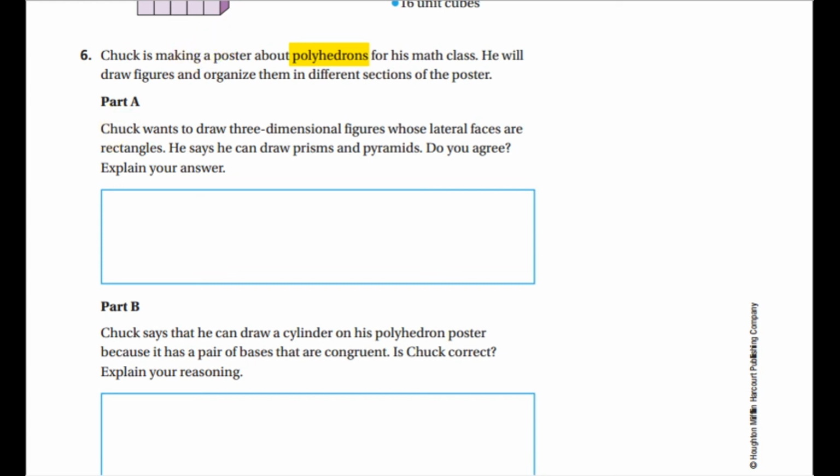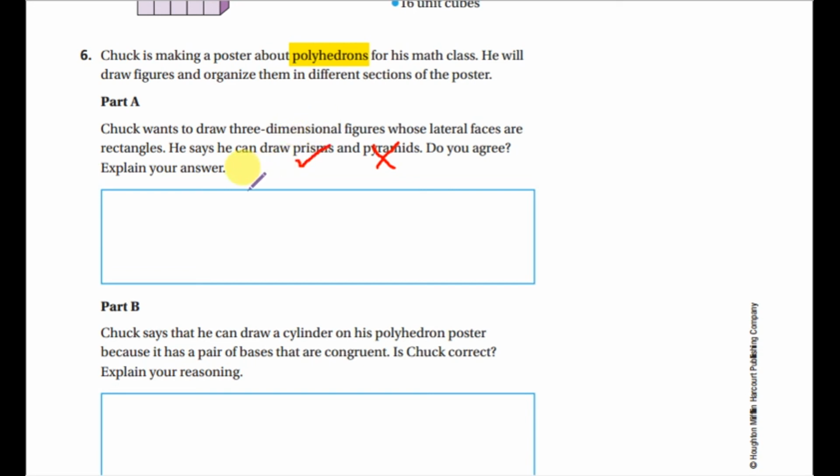No, it is not a pyramid, because the pyramid, its lateral faces, its side faces are triangles. Its lateral faces are triangles. However, the prisms, their lateral faces can be all rectangles.